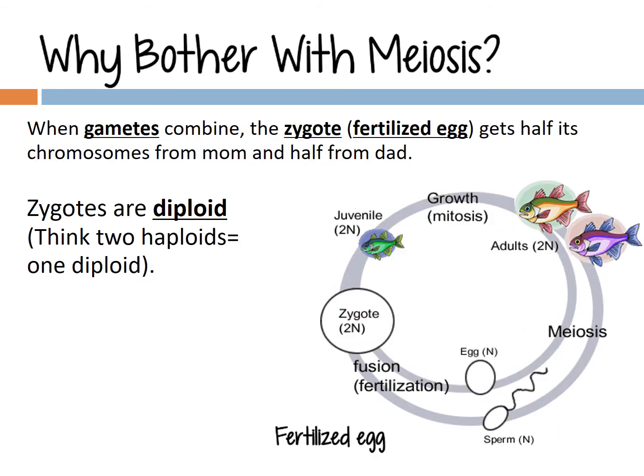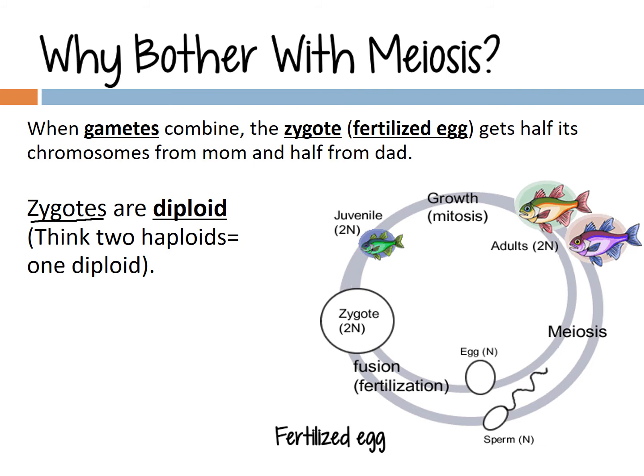So, why should we bother with meiosis? Well, when gametes combine, the zygote, which is your fertilized egg, gets half of its chromosomes from mom and half of the chromosomes from dad. Zygote is a word you're going to need to know. Zygotes are diploid. And remember, diploid is 2N.